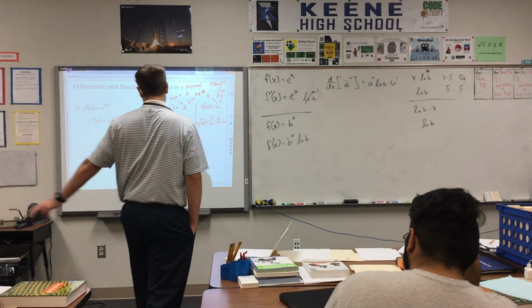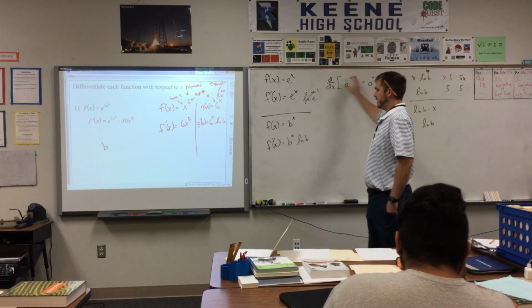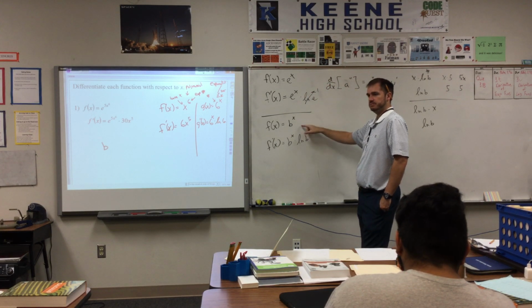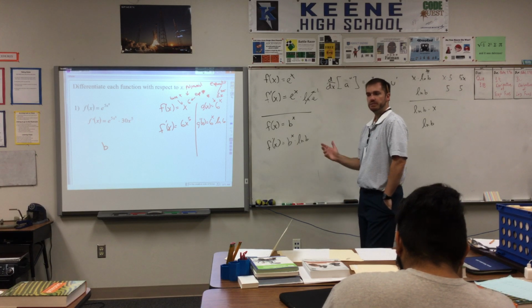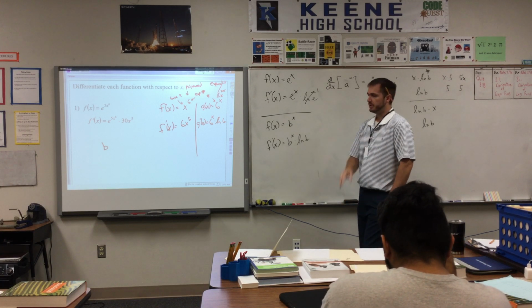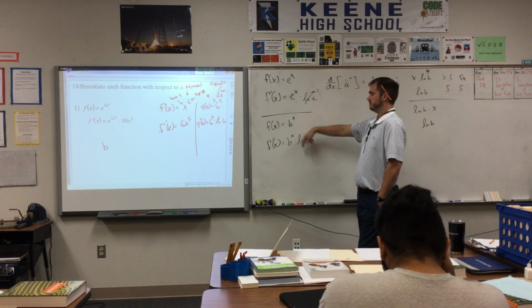Right. The only reason I told you that was for us to be able to derive this formula. You really don't need to apply that property at all. The only thing that you need to apply for this homework, for the most part, are these two rules.